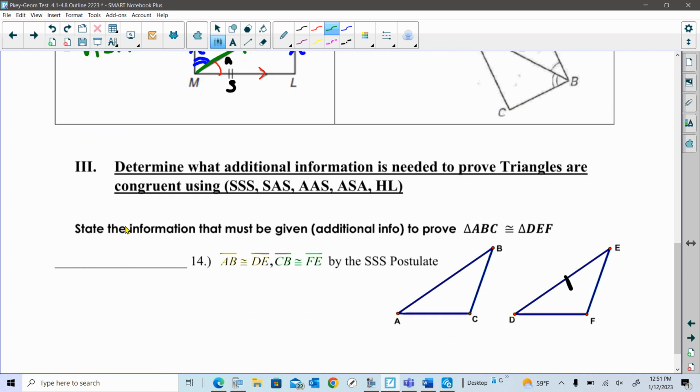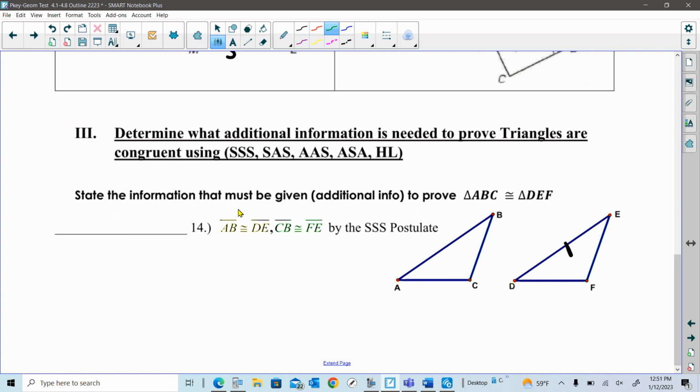Now, when you get to this section, they want to know what additional information is needed. We have to prove by SSS. The thing they tell us is those 2 sides are going to go AB and DE, so you put a tick mark there. They also tell you side CB and FE are congruent, so on there you're going to have to put 2 tick marks.